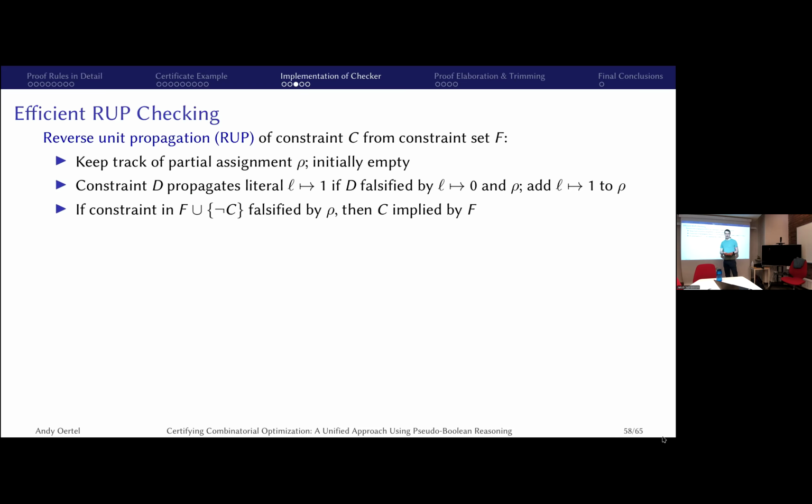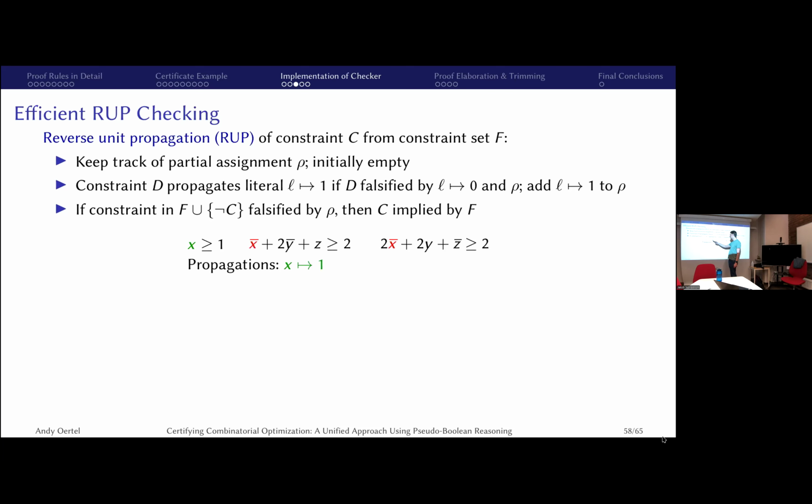Let me first show you an example of how this works. We have these 3 constraints, and when we look at the first constraint, then x has to be 1 because otherwise this constraint would be falsified. So x becomes 1. Then we look at the second constraint. Now the first term in the second constraint, not x, becomes 0.